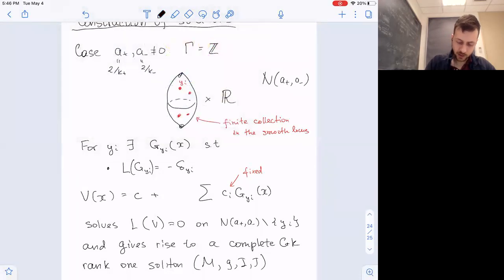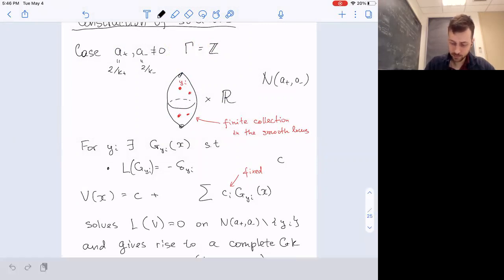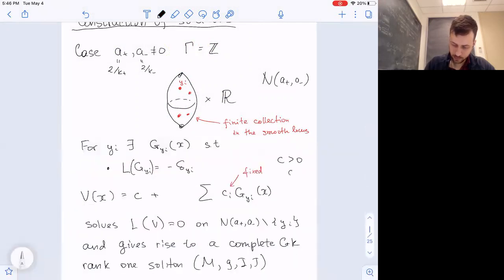So this c is any positive real constant. And there is one extra thing, one sort of anomalous freedom, which I will denote as g infinity.